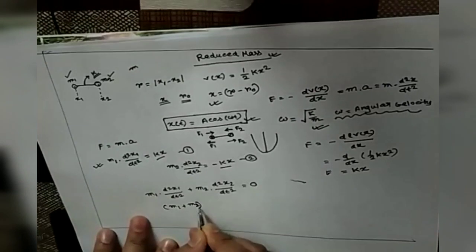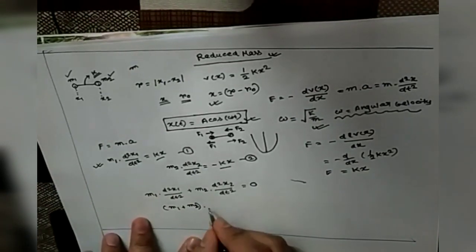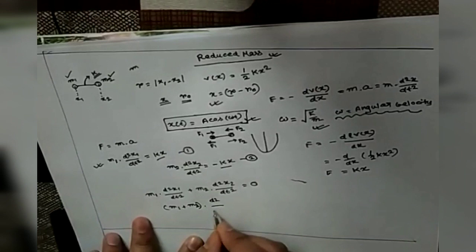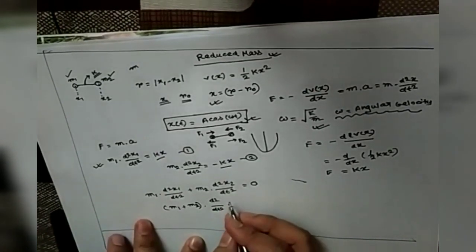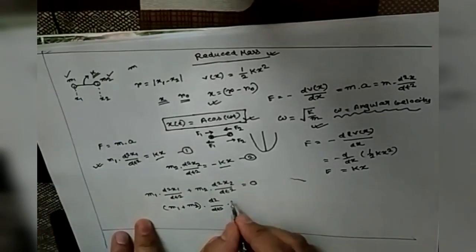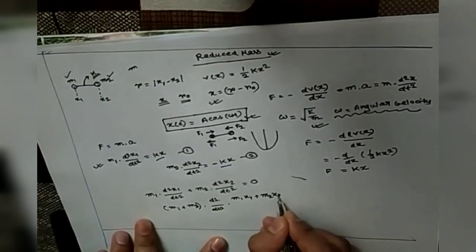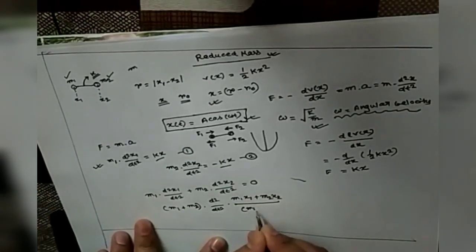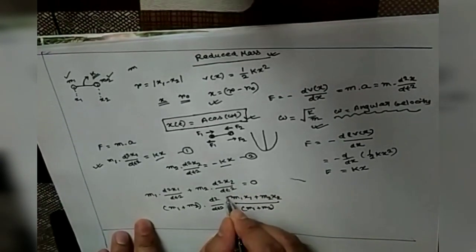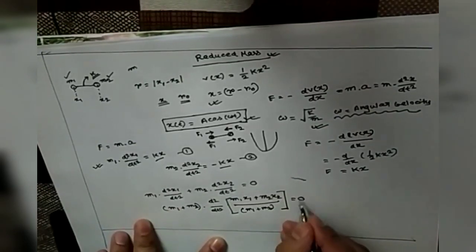Okay, now if you just rearrange this equation, it looks like this. You can factor out m1 plus m2, giving m1 plus m2 times d2/dt2 of (m1 x1 plus m2 x2) divided by (m1 plus m2), that is equal to 0.